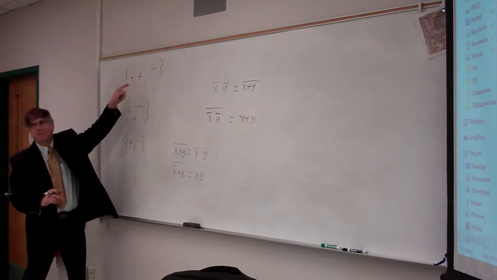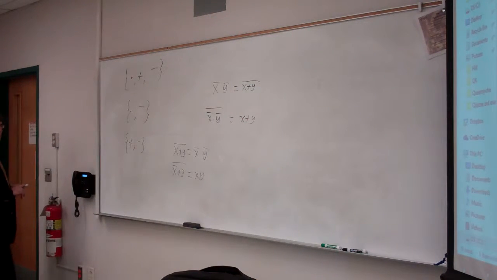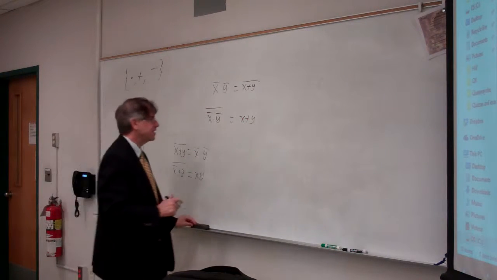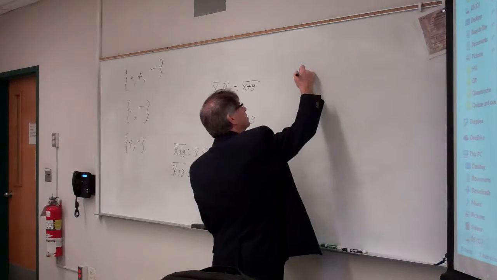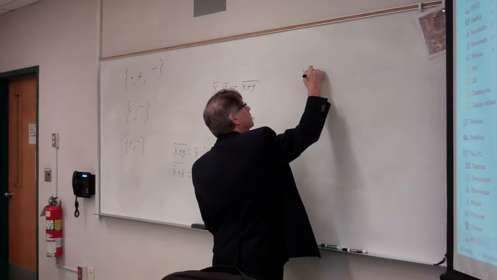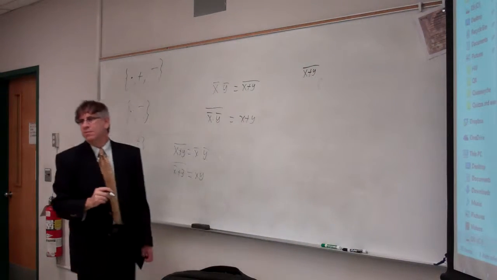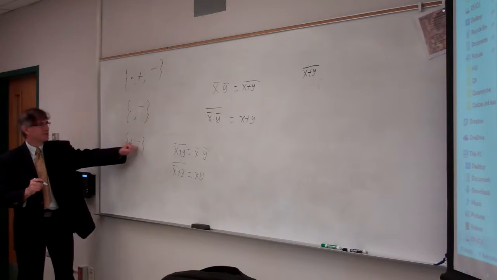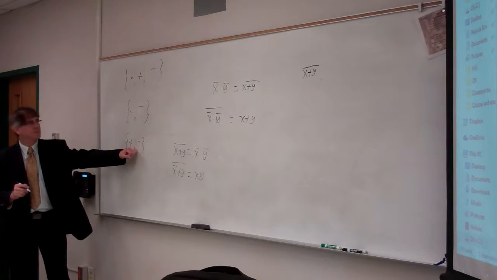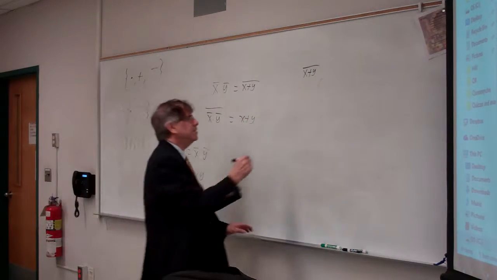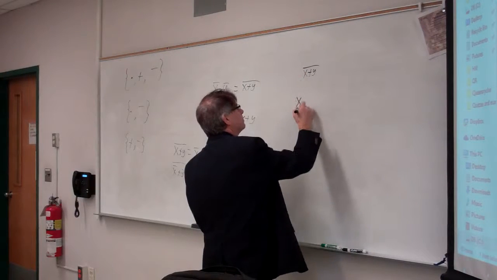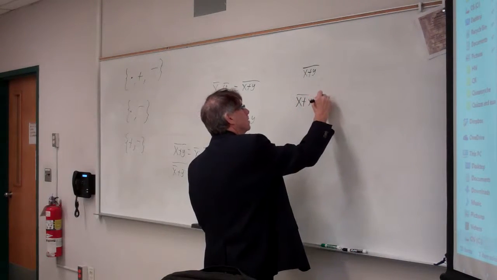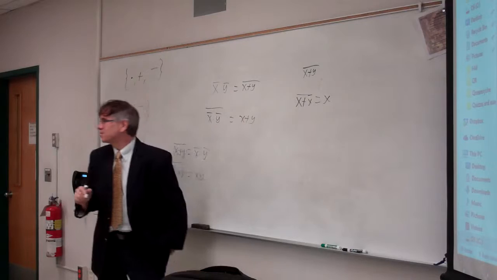If I have these, I can get my or. And it turns out that if I have nothing but a nor, I can get an or and a complement out of it. I can get a complement by just noring something with itself.